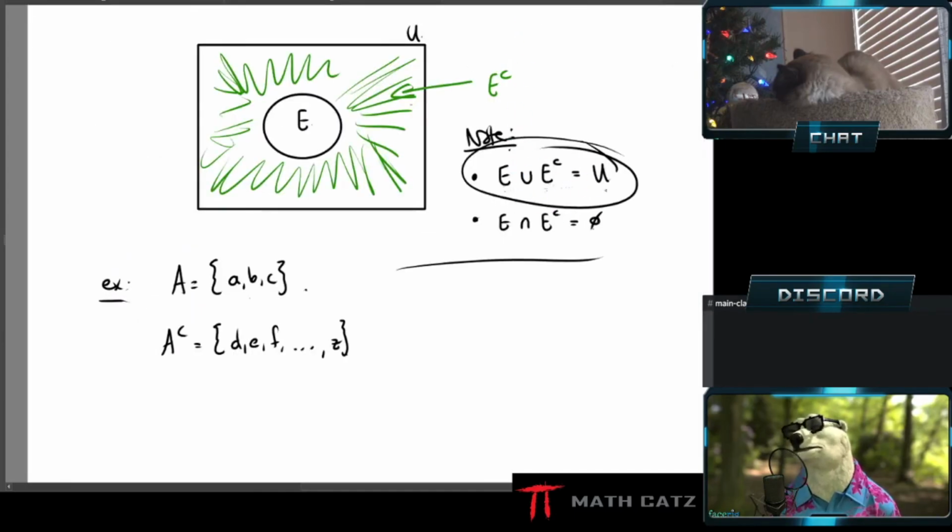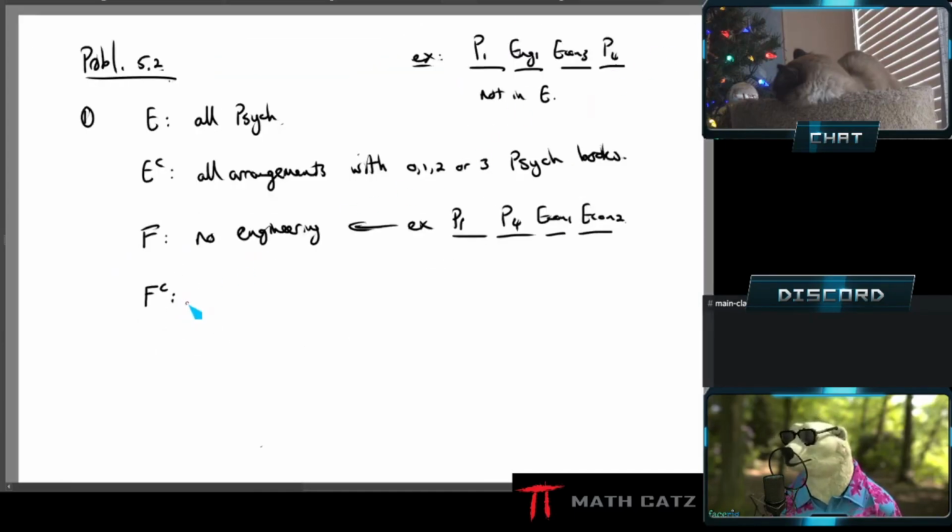So if F has the requirement that I can't select any engineering book, F complement has all arrangements with 1, 2, 3, or 4 engineering books.